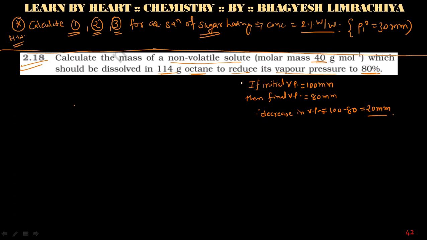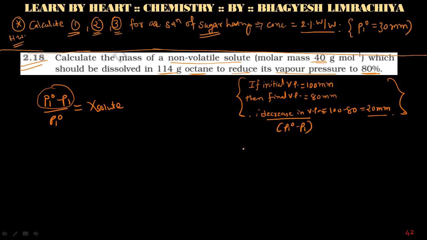ओके तो इसका मतलब ये हुआ, ध्यान से पूरा देख लो, कि अगर हम फॉर्मूला लिखे P10 minus P1 upon P10 which is x of solute, तो यहाँ पे आपको P10 minus P1, that is decrease in vapor pressure, with respect to P10, तो जो ये 20 कब मिलेगा, जब initial is 100.